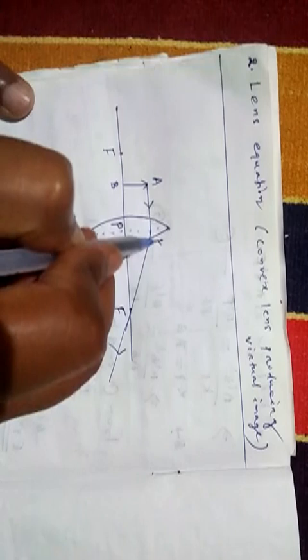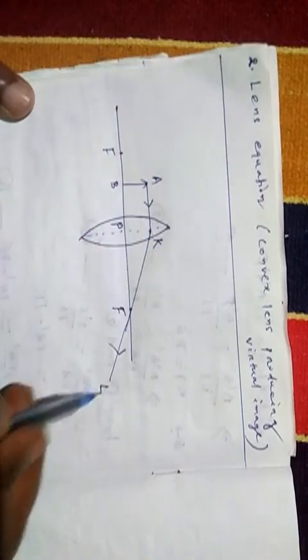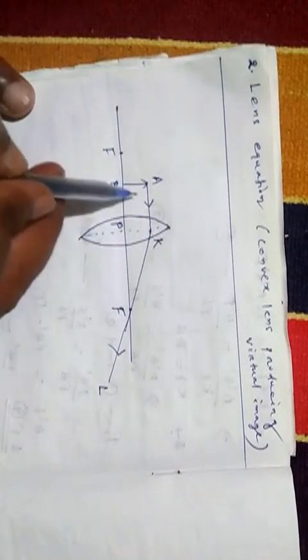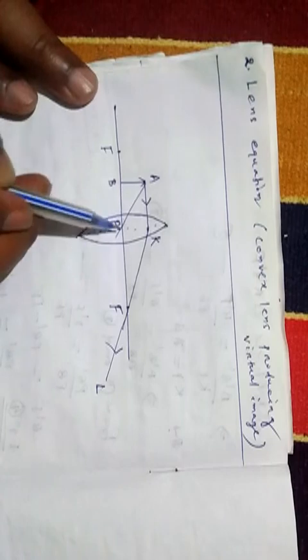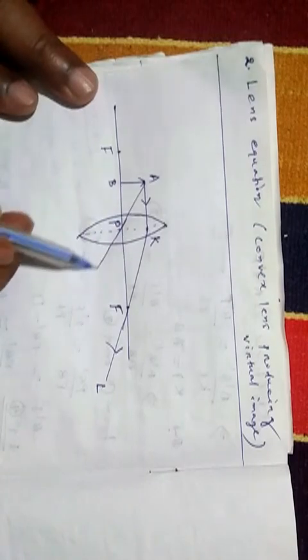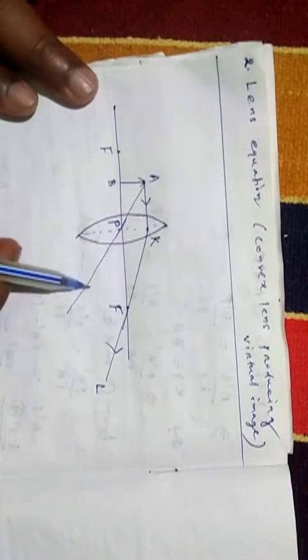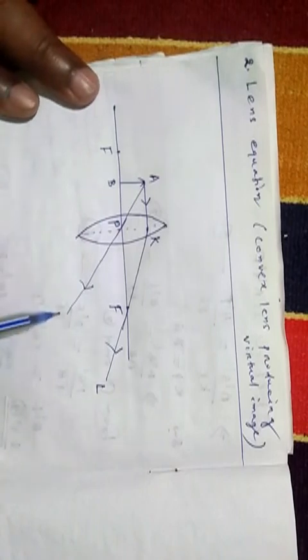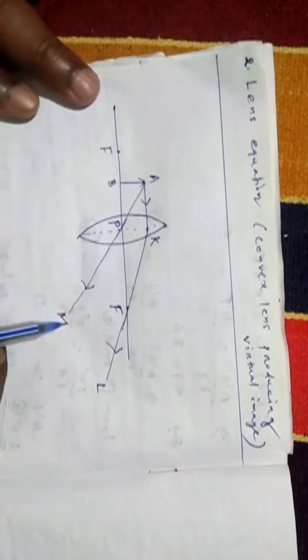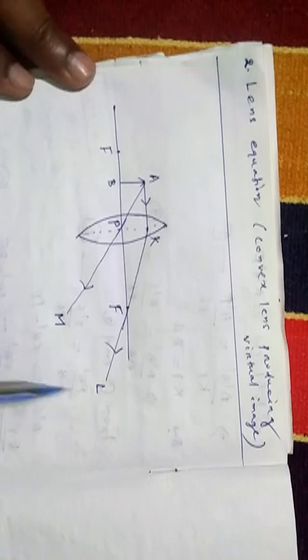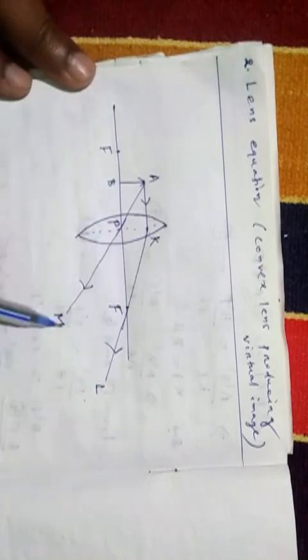This is KL. Another ray passes through the optical center P and goes along PM. So both the rays KL and PM will not meet.